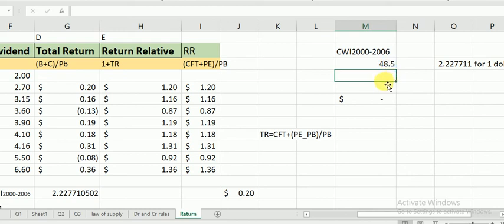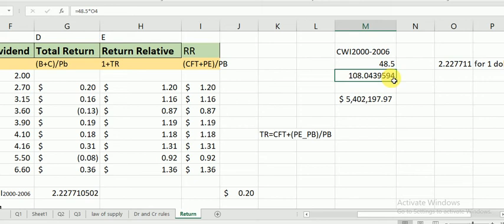Clear? So now I will calculate it here like this: 48.50 multiplied by this amount. When we put it, it means the $48.50 will be equal to 108.043.